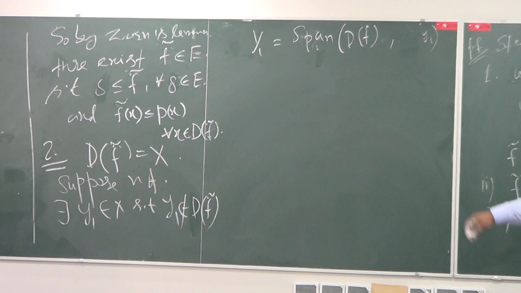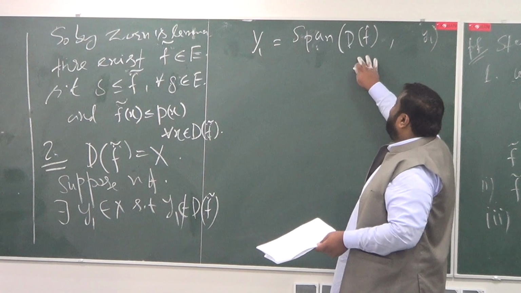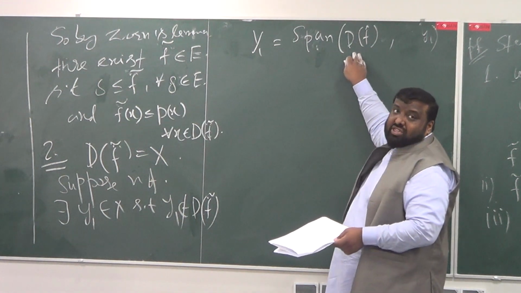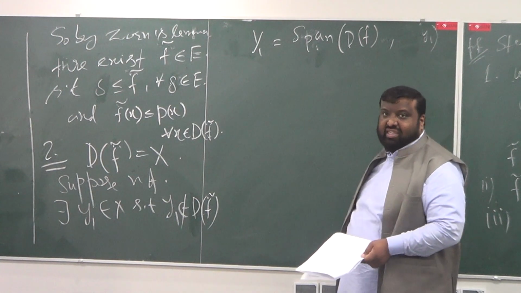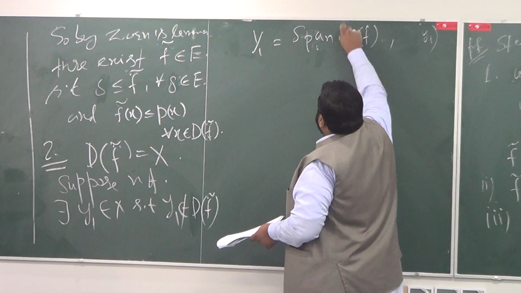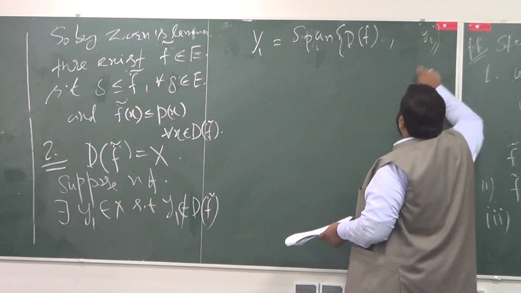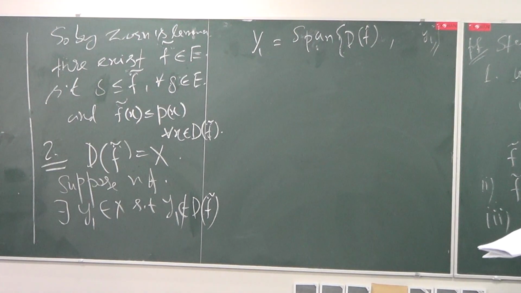It contains all linear combinations from here and the linear combinations of this and that. It's not a good notation, because we know that the span is a set.